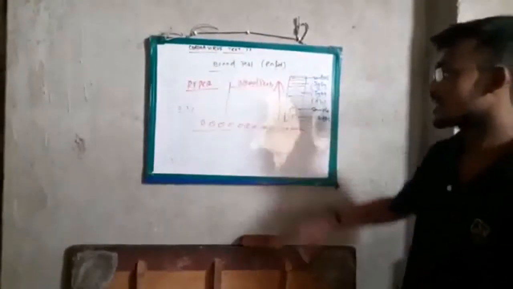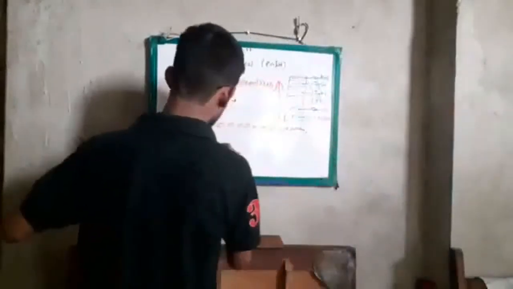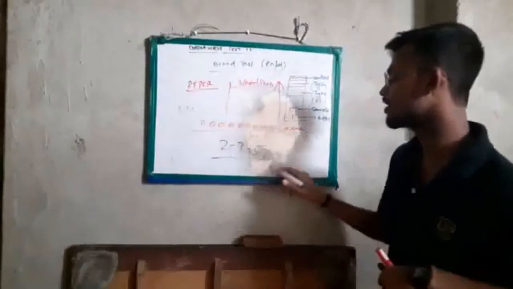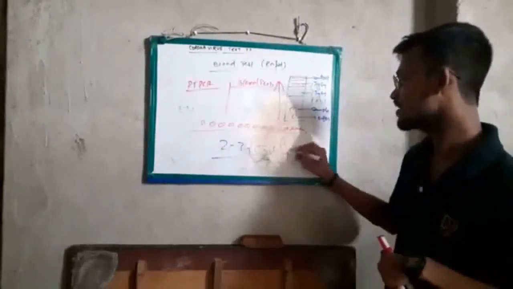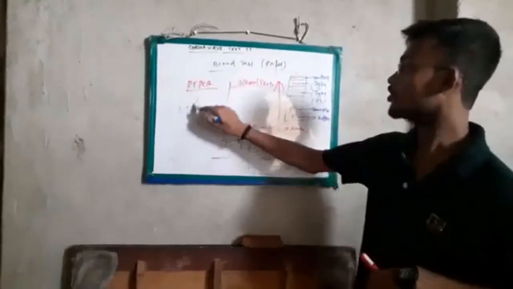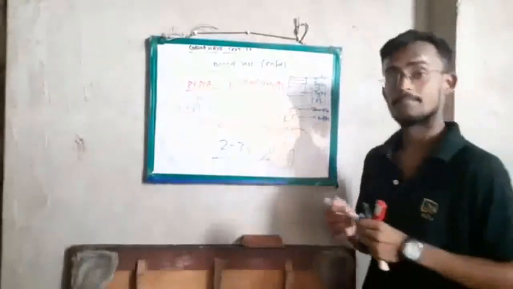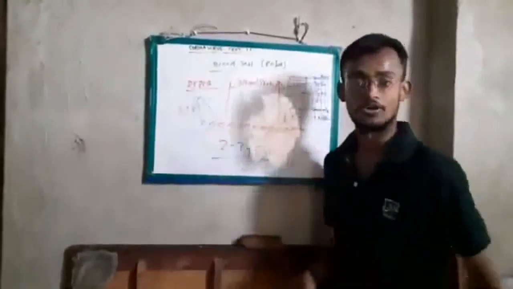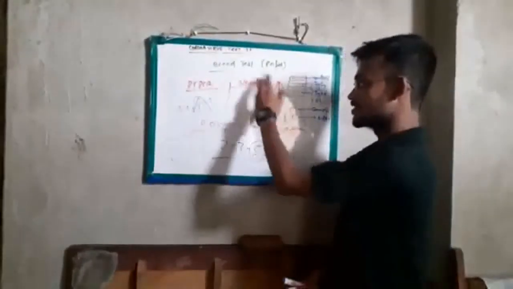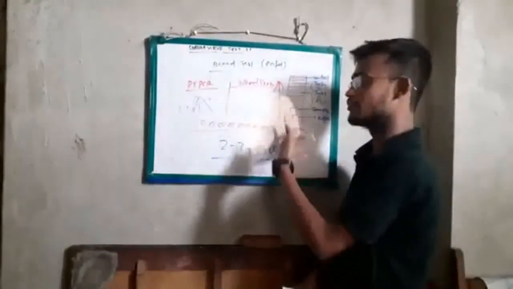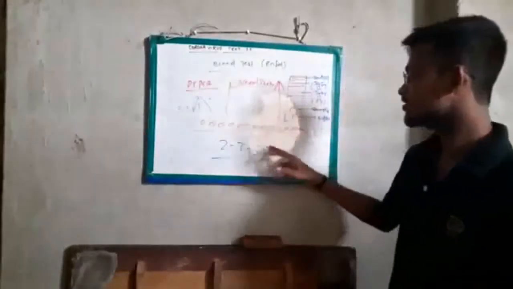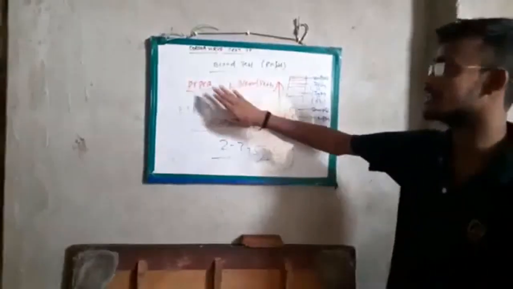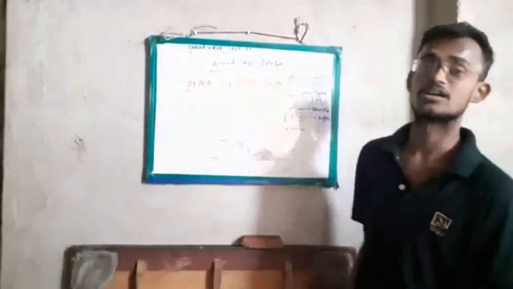After the blood test, if maybe 2 or 3, max 5 people give a positive result, then the government does the RT-PCR to make sure whether the person is infected or not. The blood test takes less time, 10 to 15 minutes, as I told you. So after getting a positive result from the blood test, they do the RT-PCR to confirm it.